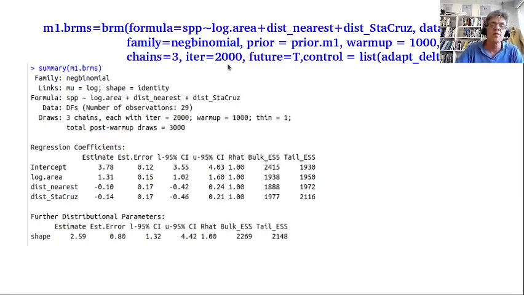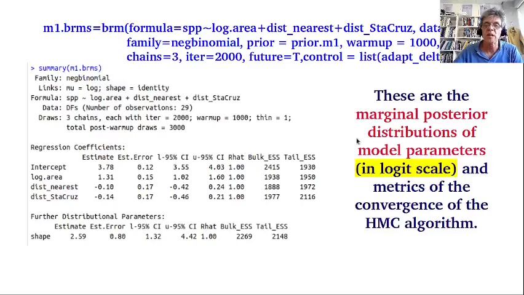So the summary of the model contains the marginal posterior distributions of the model parameters in log scale, and the metrics are the r hat values and the effective sample sizes, showing the convergence of the algorithm. We have this for all parameters of the fitted model.